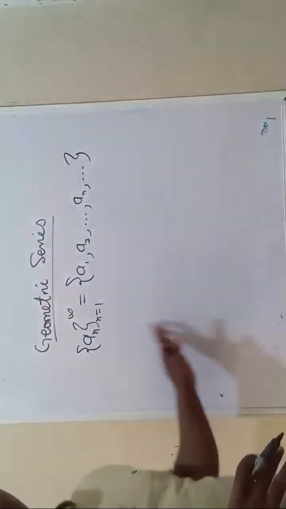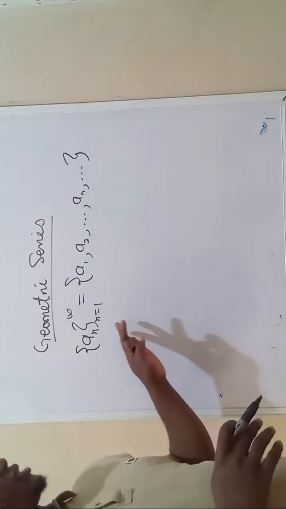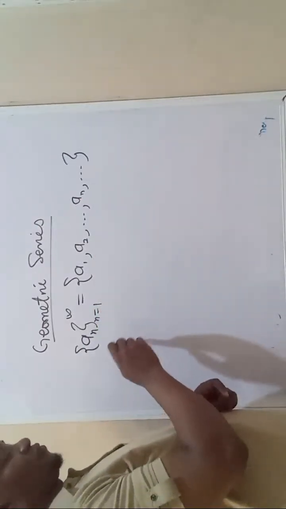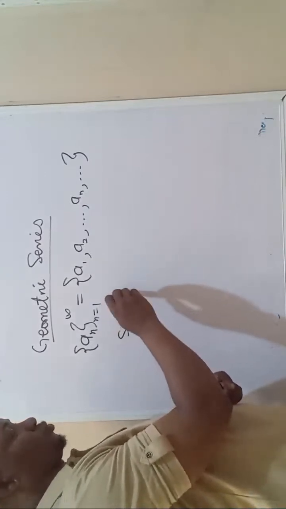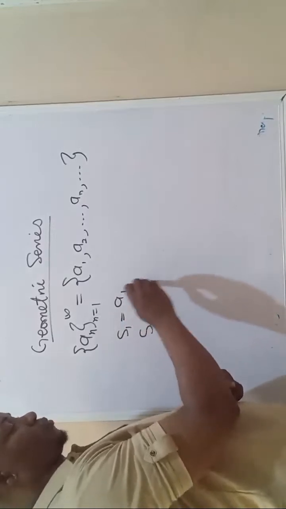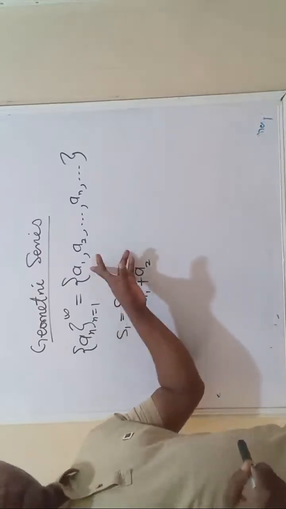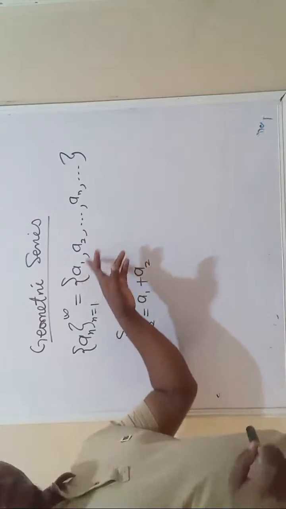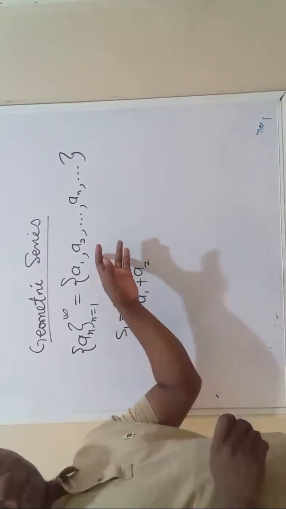That is, if you have a sequence of this form, the n-th partial sum corresponding to this sequence is given as S1 to be a1, S2 to be a1 plus a2. S1 in this case is the first term here, and S2 is the addition of the first two terms.